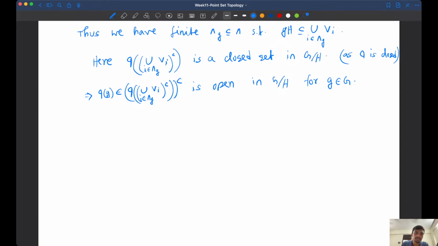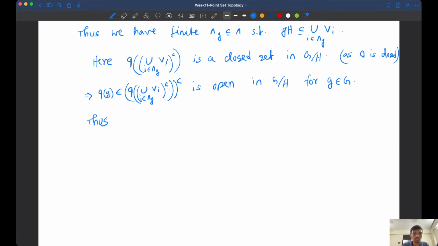So Q of g does not belong to Q of this complement. Once it does not belong to Q of the complement, that means it belongs to its complement, right? So Q of g belongs here, because Q of g does not belong to Q of the complement of the union of V_i.